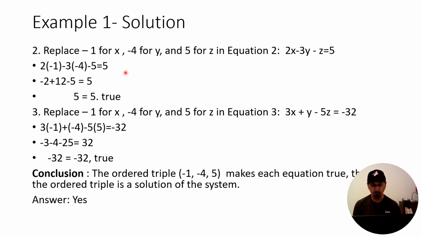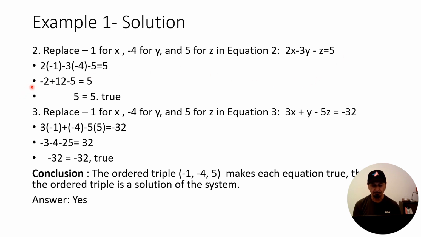So now we're going to replace -1 for x, -4 for y, and 5 for z in equation number 2, which is 2x minus 3y minus z equals to 5. So this equation becomes 2 times -1 minus 3 times -4, and z is 5, so it'll be minus 5 equals to 5.